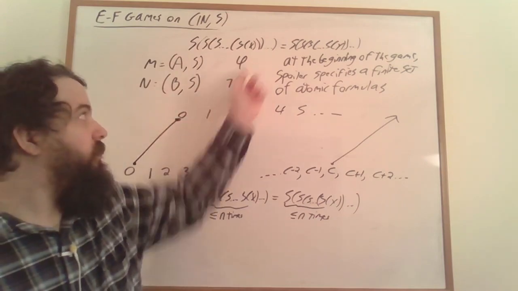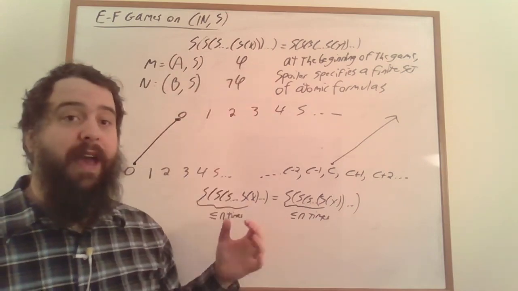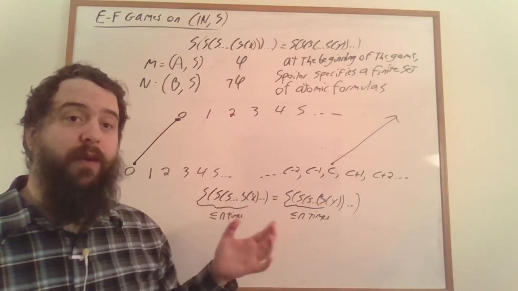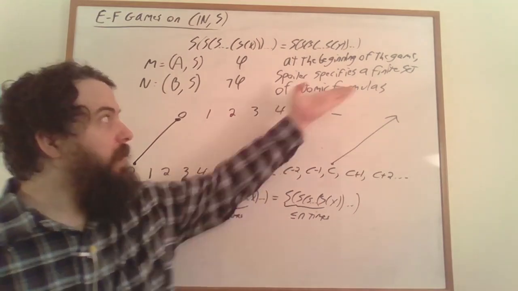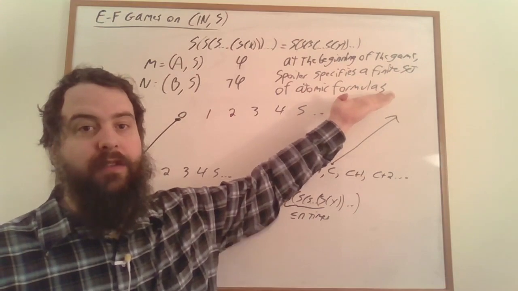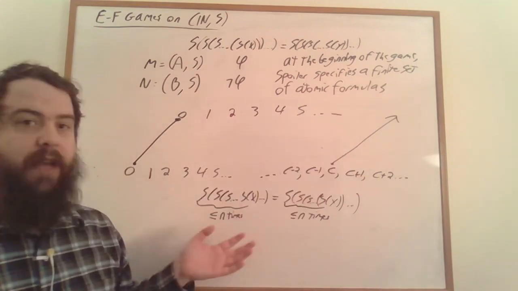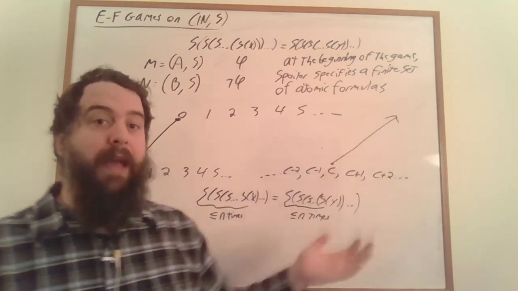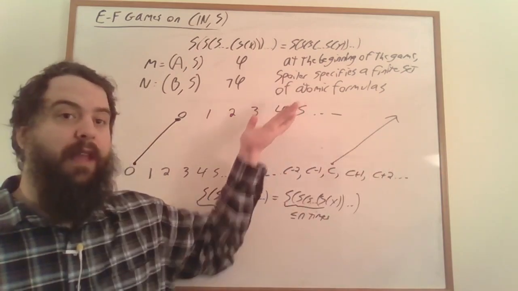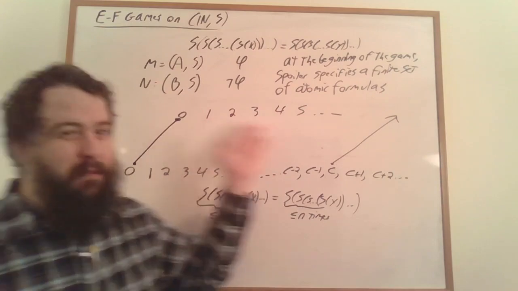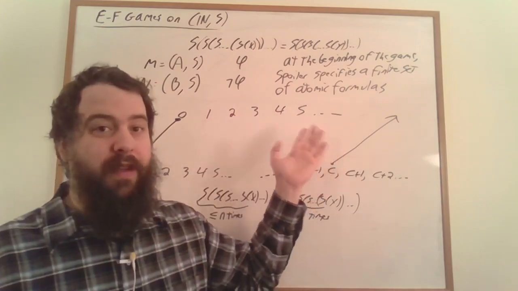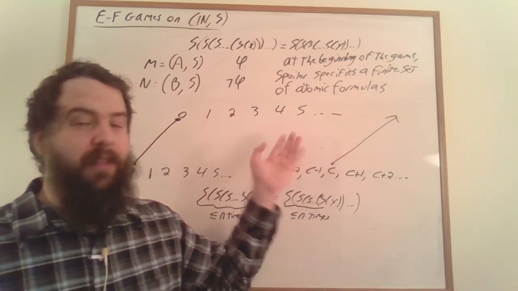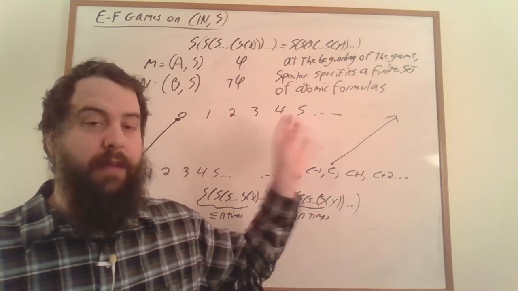Some sort of first-order logical difference is only going to have finitely many relations to it, and so Spoiler just picks that set of relations. And Duplicator's perfectly happy because they can adjust their strategy based on the set of finite relations in a way that they maybe couldn't if there were infinitely many relations that they were trying to avoid being satisfied.